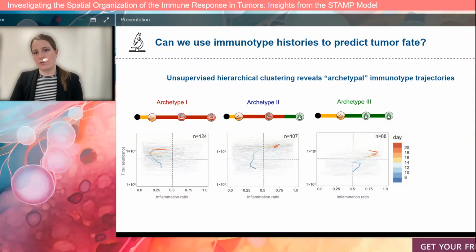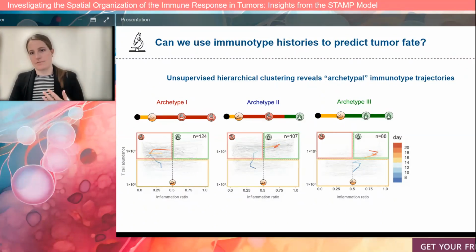In archetype 2, as before, tumors begin with a very low infiltrated or desert type state. They recruit T cells into an excluded type pattern and then traverse into the upper right of the plot, or the more inflamed pattern. And there is also archetype 3, where, as before, T cells are not present, and tumors begin in a desert type state. However, they immediately traverse into this pattern with high infiltration ratio, high T cell abundance.